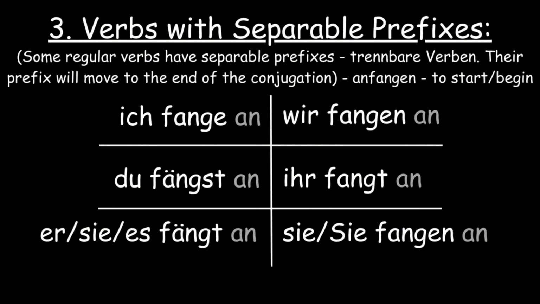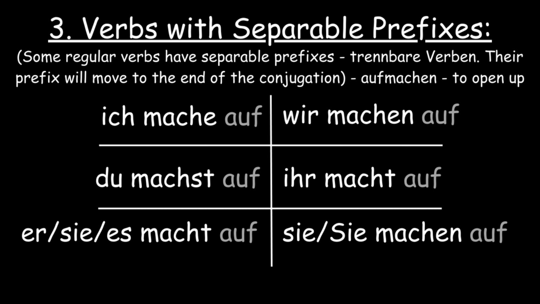Also, a few conjugations will have an umlaut to make the pronunciation simpler. Additionally, a verb like aufmachen will likewise have regular conjugations with the prefix at the end of every conjugation. This is how separable verbs work, and it's the last thing to know when conjugating verbs regularly in the present.